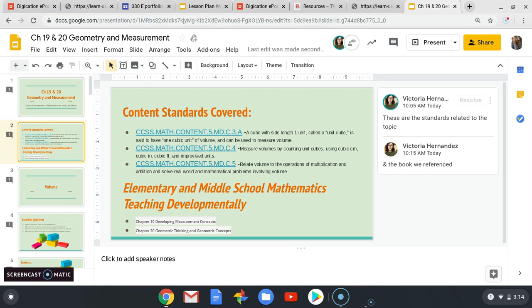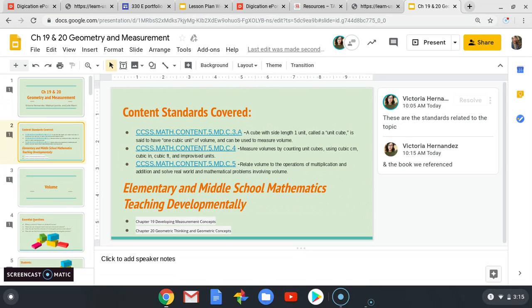The second content standard: measure volume by counting unit cubes in cubic centimeters, cubic inches, cubic feet, and improvised units, and also relate volume to the operations of multiplication and addition and solve real-world and mathematical problems involving volume.